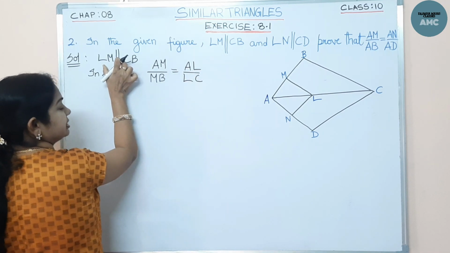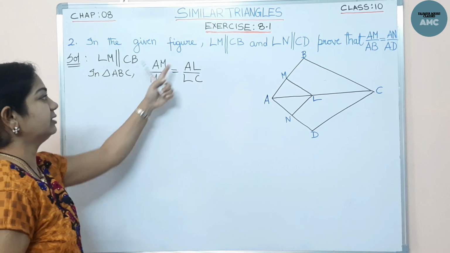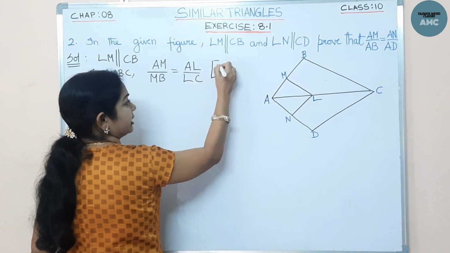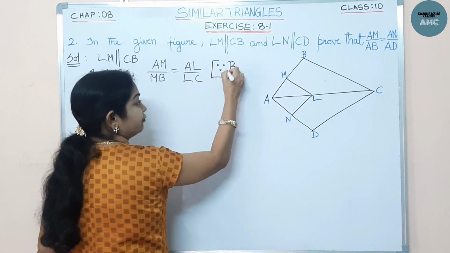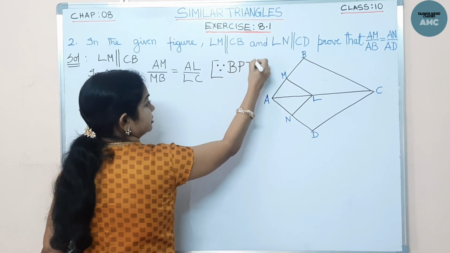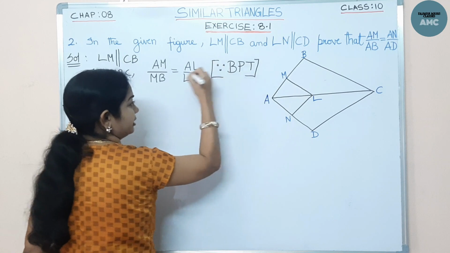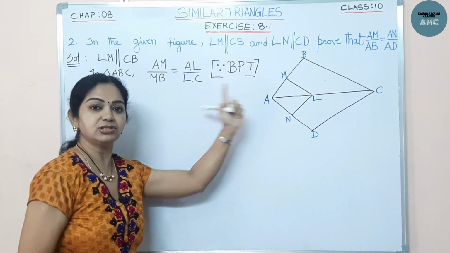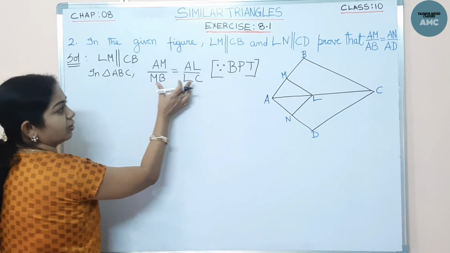Why? Because this is parallel, they make equal ratios. Since basic proportionality theorem, you have to mention. It is better if you write the complete theorem, but else you can mention it in the short form. From this we got these two.